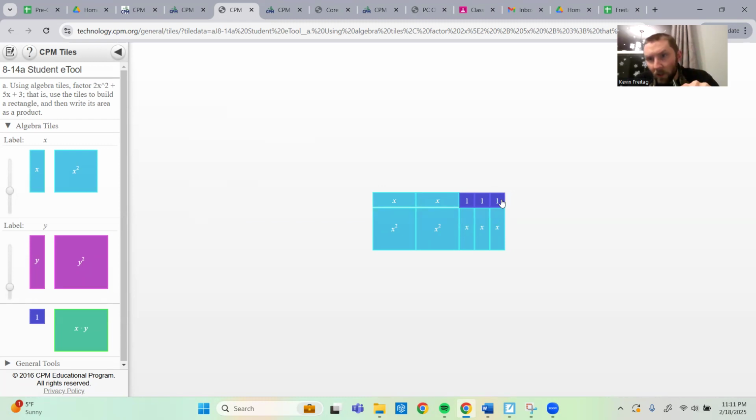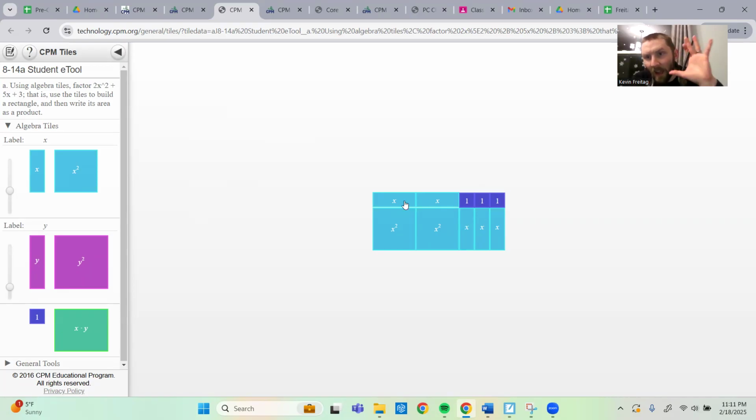Okay, so I want you to notice something about this diagram I've created, this rectangle. The 2x squareds are in the bottom left corner, and the 3 individual pieces are in the top right corner. And those are always together. The x squareds are always together in the bottom left. The individual pieces are always together in the top right.